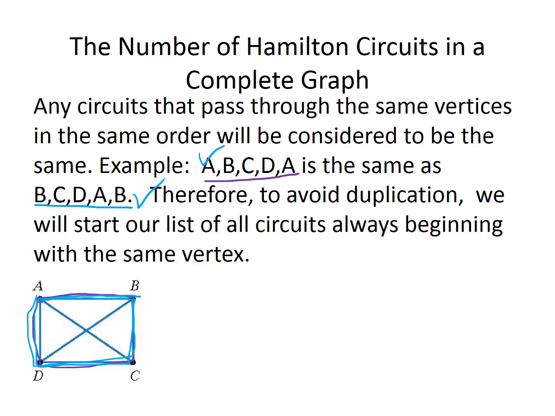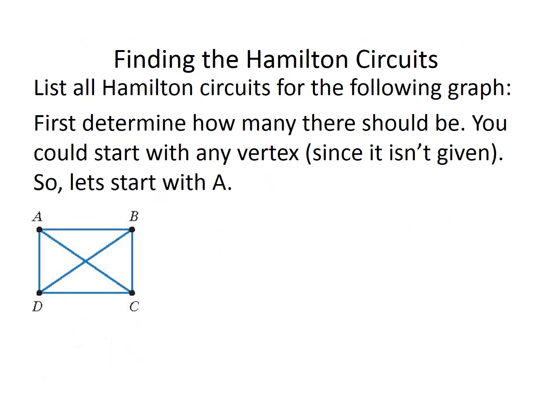Traditionally you just start with A and then list those out. So, list all Hamilton circuits for the following graph. First, you should decide how many circuits there should be.